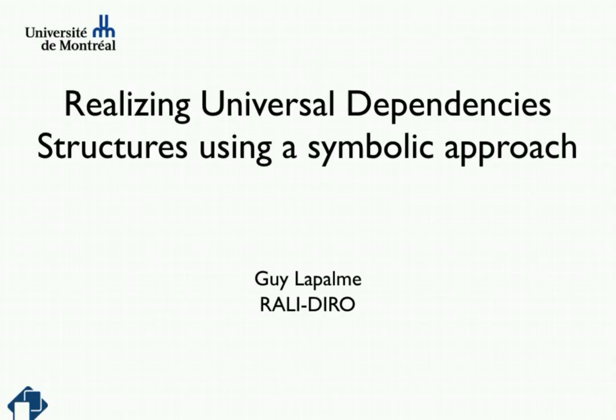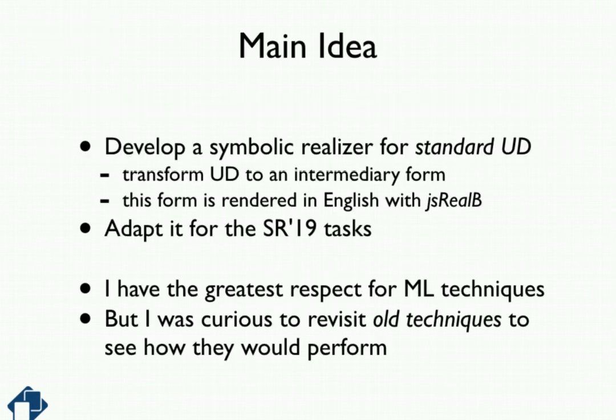Hi, this is my contribution to the surface realization workshop, which is realizing universal dependency structure using a symbolic approach. So the idea is to first develop a symbolic realizer for standard universal dependency structure, then transform this universal dependency to an intermediary form, and this intermediary form will be rendered in English using an existing realizer that I've been working on for the past few years.